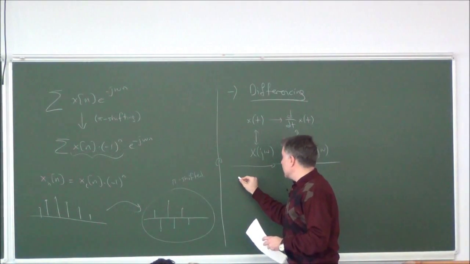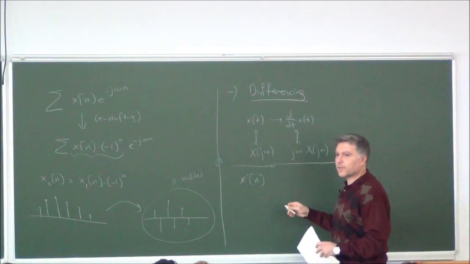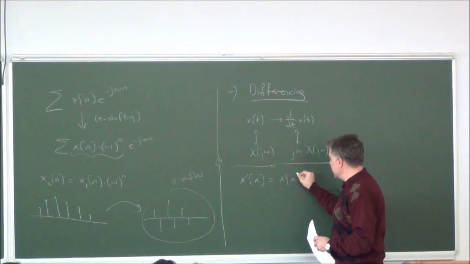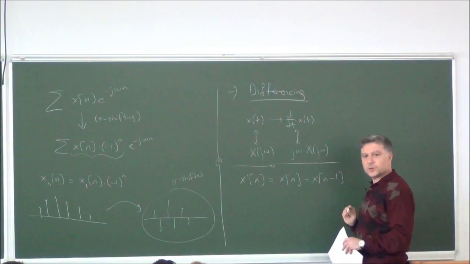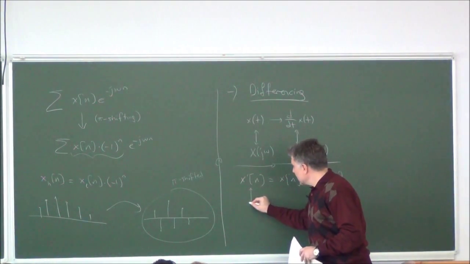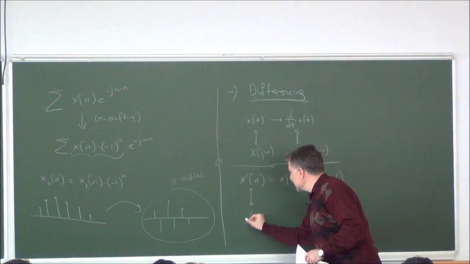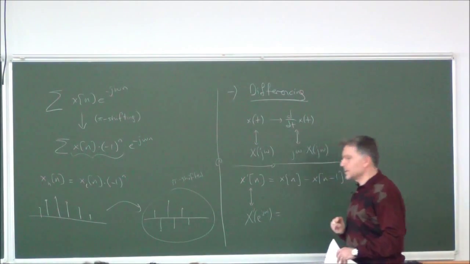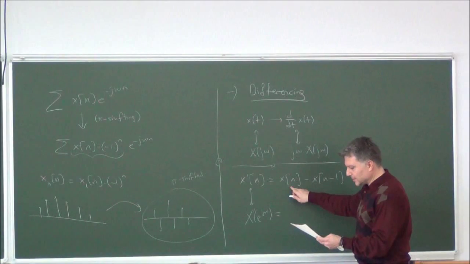However, the difference x prime of n in discrete time is quite simply x of n minus x of n minus 1, which is the first difference. So what is the Fourier transform of x prime? That is capital X prime of e to the j omega, the discrete time Fourier transform. It's equal to the discrete time Fourier transform of this one.